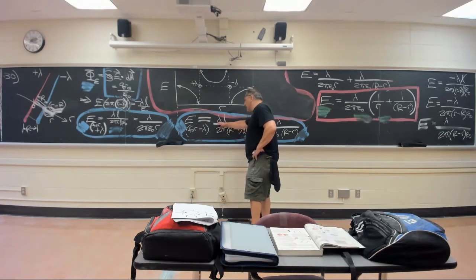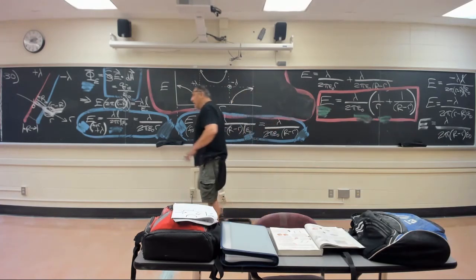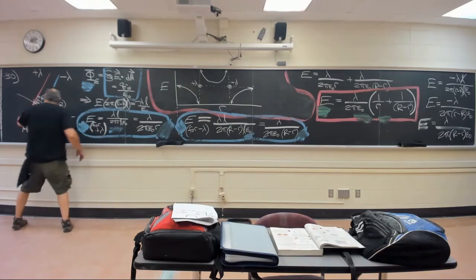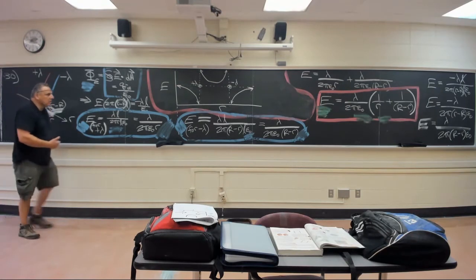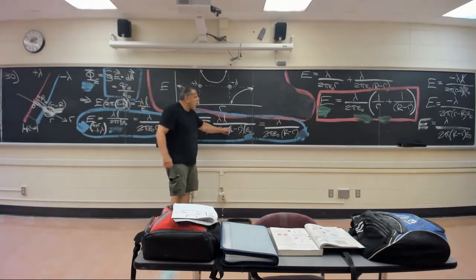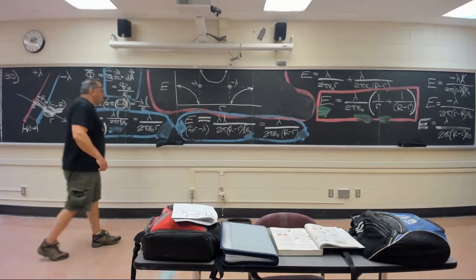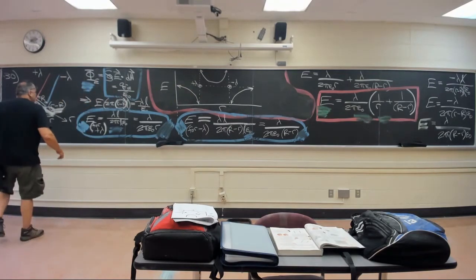And this is also positive. We're claiming a positive E field then. Well, yeah, if you're over here, this guy pulls you in the positive direction. So it works. It's a bit odd, but it works.